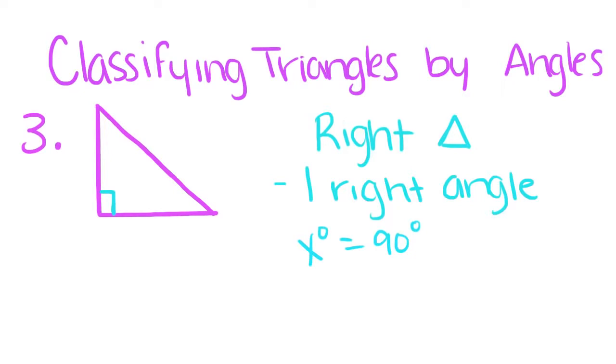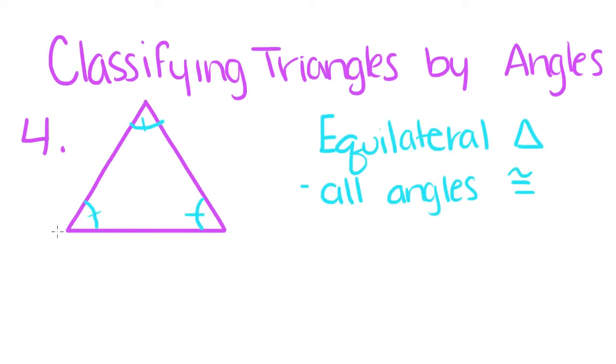Now, our fourth kind of triangle is an equilateral triangle. And like an equilateral triangle whose sides are congruent, all their angles are also congruent.